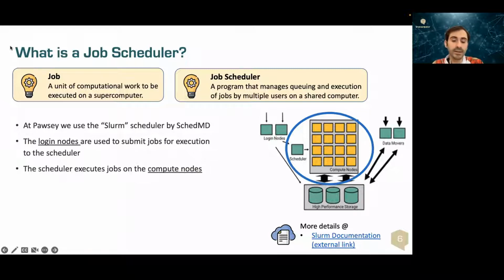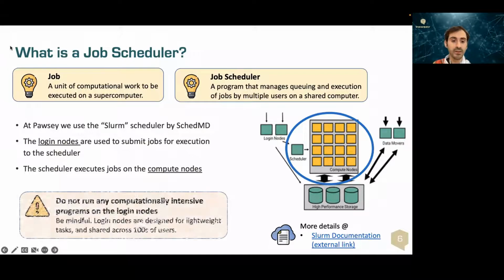As we saw in module 1 of this series, the login nodes are those used to log in to the machine and to submit the jobs for execution to the scheduler, but the actual execution happens on the compute nodes. It's very important not to run anything computationally intensive on the login nodes. That's actually a matter of good citizenship, because as we said, we are in a shared infrastructure.